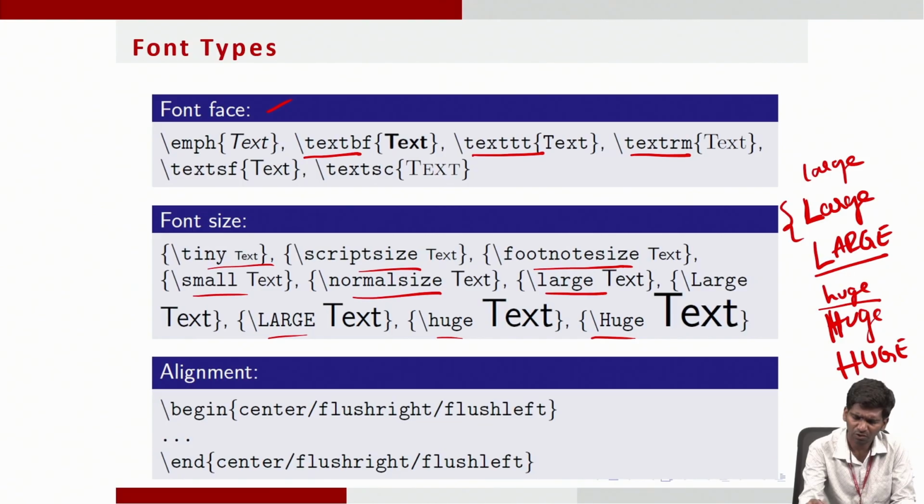So this is the chronological order. First comes tiny, scriptsize, footnotesize, small, normalsize, large. So how to remember? You can remember large, huge. Then the remaining things come above, and below one more thing comes, gigantic. Gigantic also comes here, so you can see the output here.